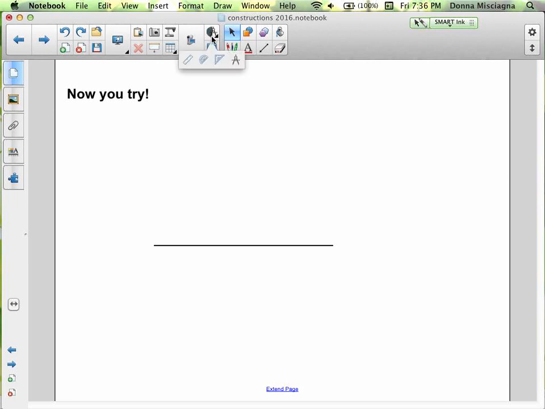I need a compass. I don't want to make it too small, so maybe that size.